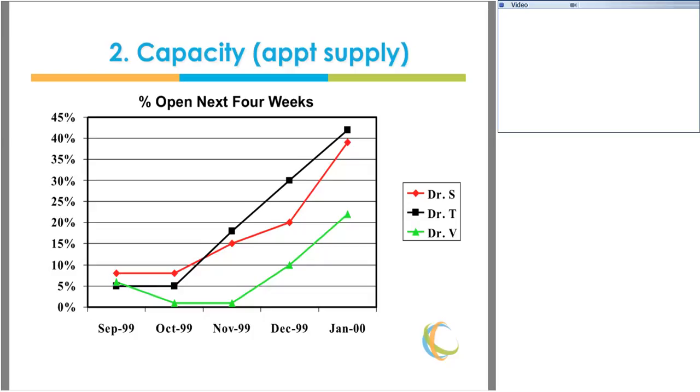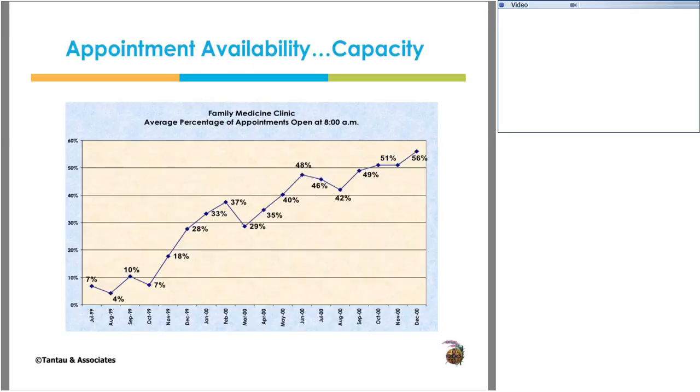And it happened not because they were freezing or holding schedules, but because they were increasingly able to do more of today's work today, and the work didn't drift onto their future schedules. We'll talk a little bit about how that's possible. But thinking about where things really start to open up, and what percentage of your future is open for booking any kind of problem, is a critical thing to look at.